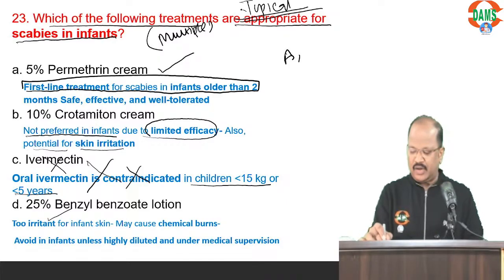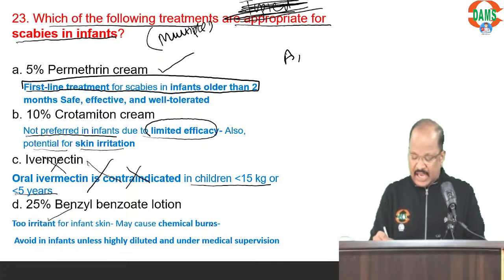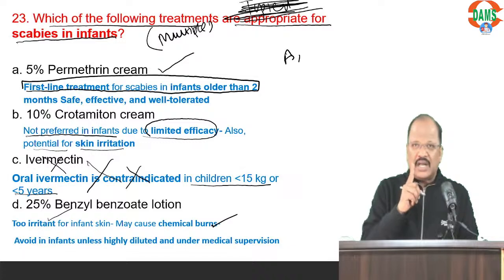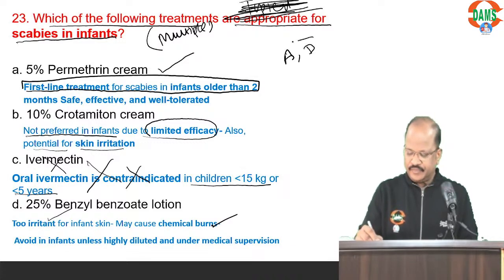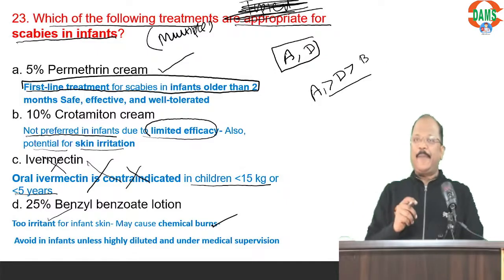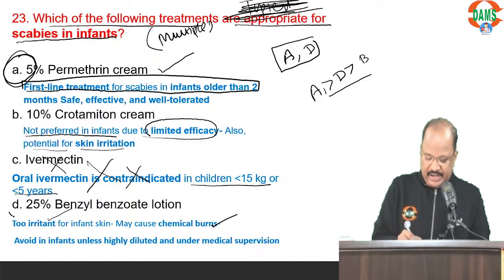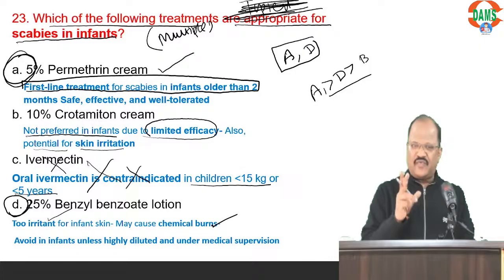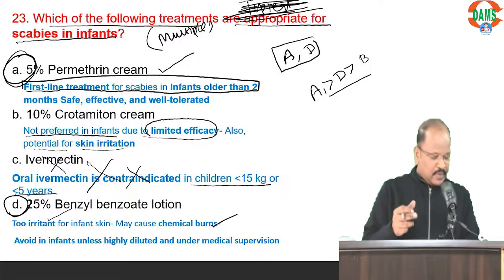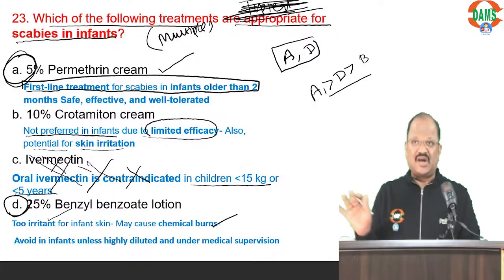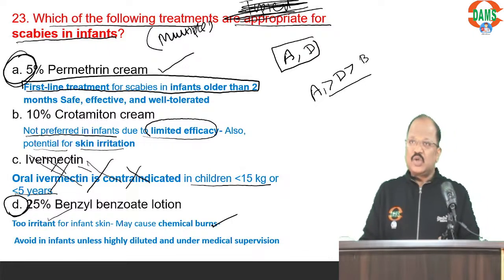Depending upon the answer, for two answers go for A and D. If three answers, go for A, D, and B. In my opinion, the best is A and D. Anyway, clarify with a dermatologist. Option C is not at all an answer. Okay, right. One more question from skin.